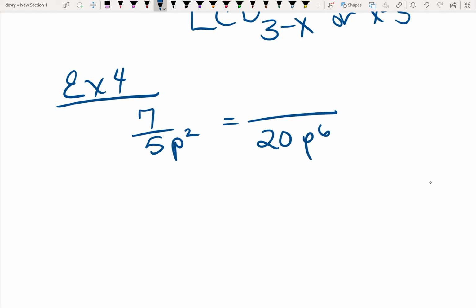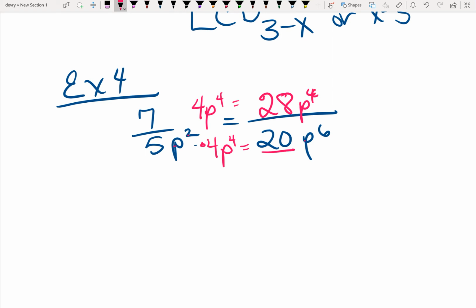So what I want to ask you is 5 times what is going to give you 20, obviously times 4, and p to the second times what will give me p to the 6, so in this case p to the 4, right? So if I multiply 4p to the 4 top and bottom, because remember, whatever you do to the bottom, you must do to the top. And so this final answer up here will be 28p to the 4th power, okay?